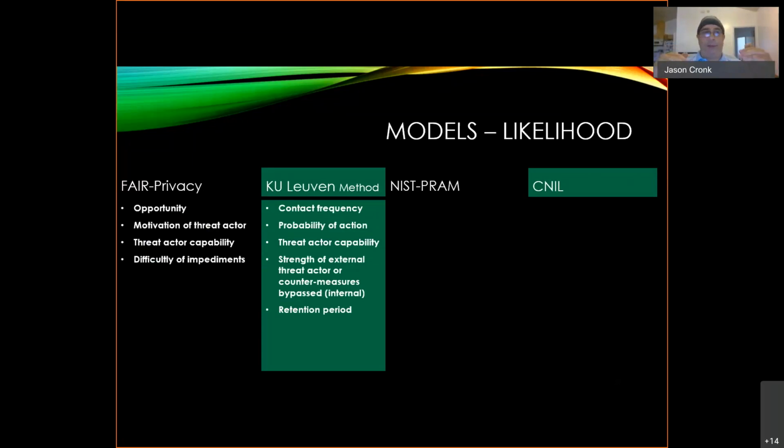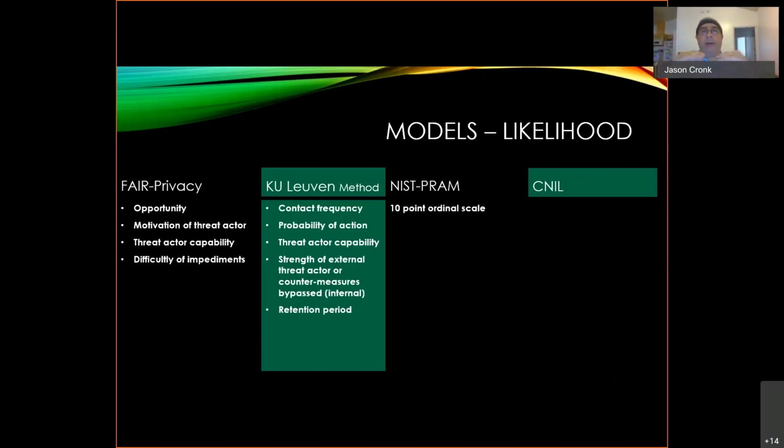Again, threat actor capability, same thing. Difficulty becomes strength of external threat actors or countermeasures bypass, and those are for internal threat actors. And then because this method is very data-centric, they also talk about retention periods. So the longer you have data, the more likely that somebody is to do this.